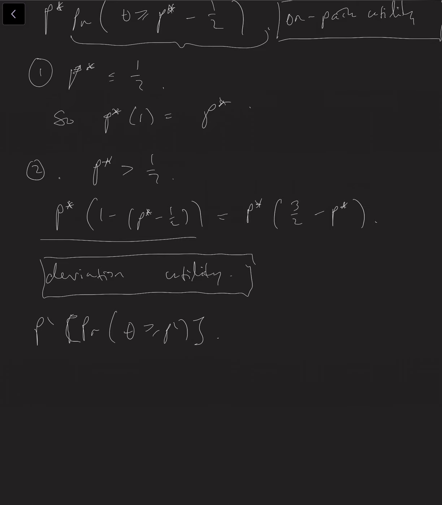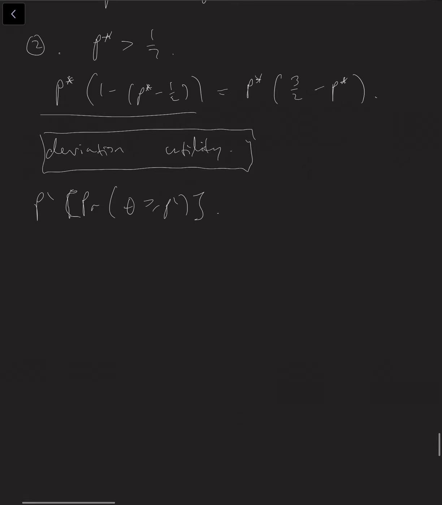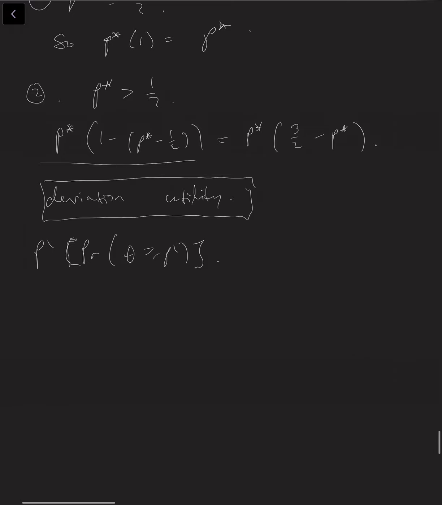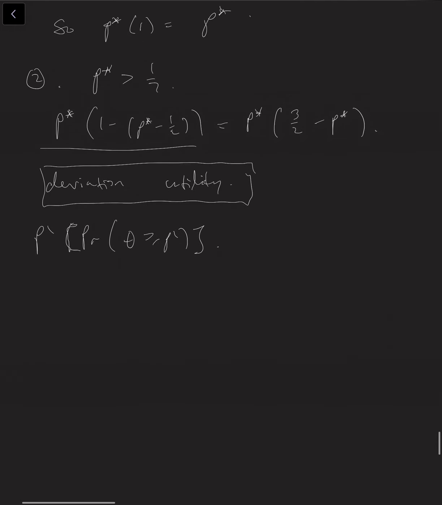In the case of this expression, there's only one case to check, right? Because P star cannot be less than 0, because it's constrained to 0, 1. So we only have the case where P star is between 0 and 1, in which case this is a nice, well-defined CDF. And so we have that P star.